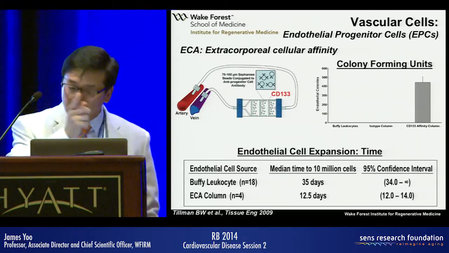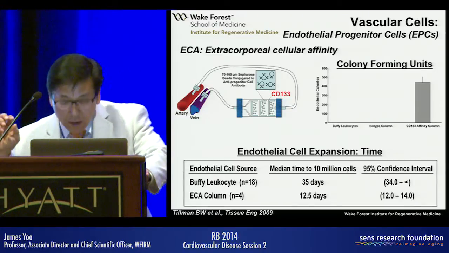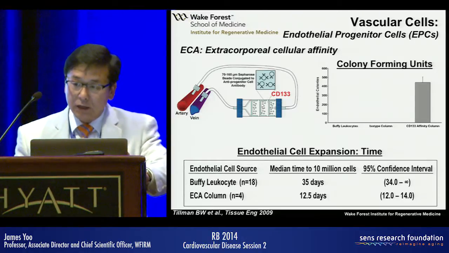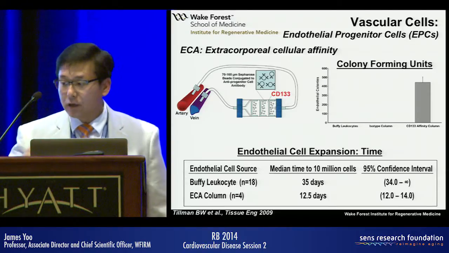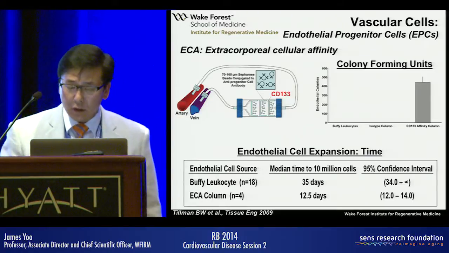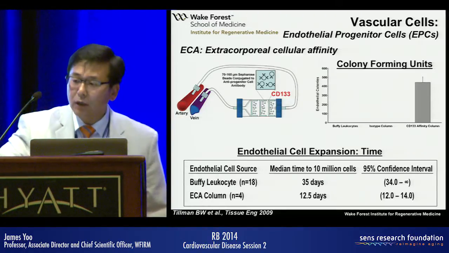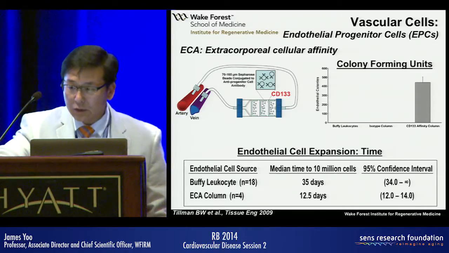As the blood flows through, those EPCs bind to the antibody and are selected, while the entire blood volume is returned back to the patient. Using this approach, we have been successful in obtaining many more cells.